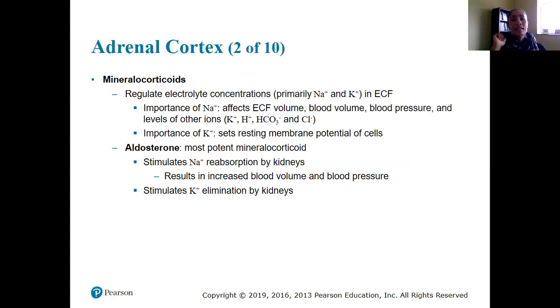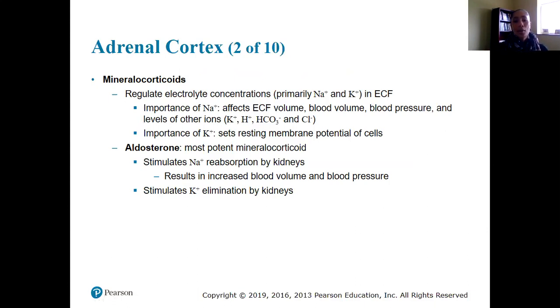Reason being is that it's going to stimulate sodium reabsorption from our kidneys, which will result in an increase of our blood volume and blood pressure. So when our blood pressure drops, or if our blood volume tends to drop, aldosterone will be released from this portion of our adrenal cortex to increase blood volume and blood pressure.